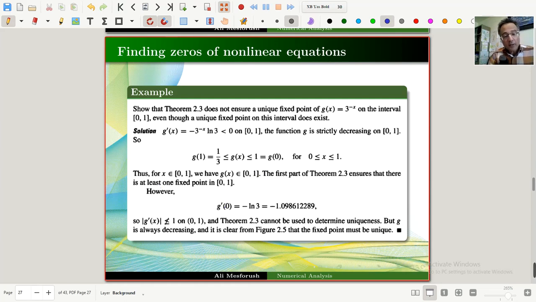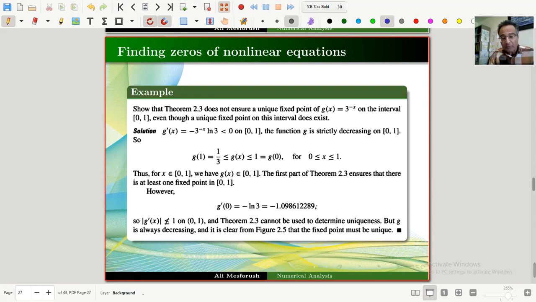But if you compute g prime of 0, look here, g prime of 0 should be minus 3 to the power of minus 0, which is 1, times ln 3, and it will be minus 1.09.